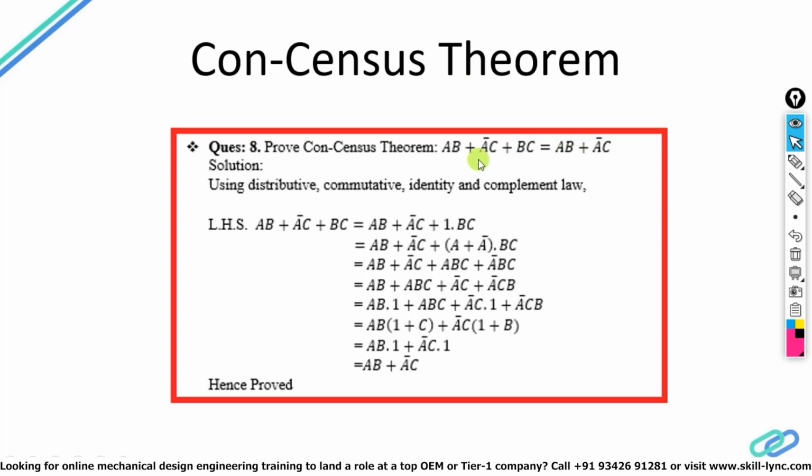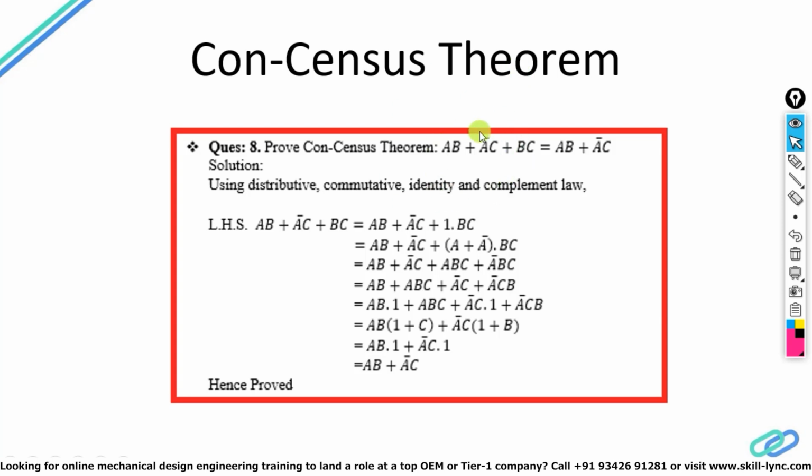The consensus or redundancy theorem can be applied if there are three terms and each variable is repeated twice. Means if there are A, B, C, then A should appear two times, B two times, and C two times. One variable must be present in complemented form, meaning there should be either A bar, B bar or C bar in the terms. Then we will move forward.